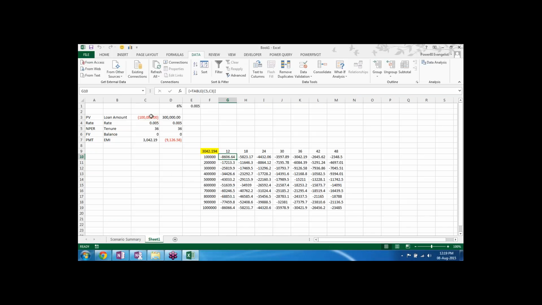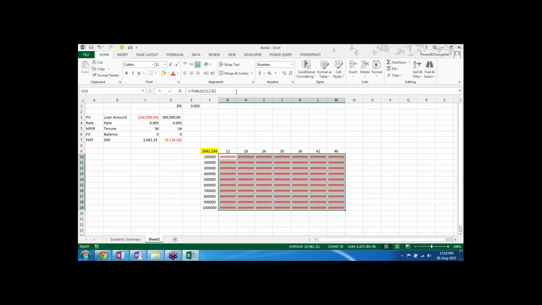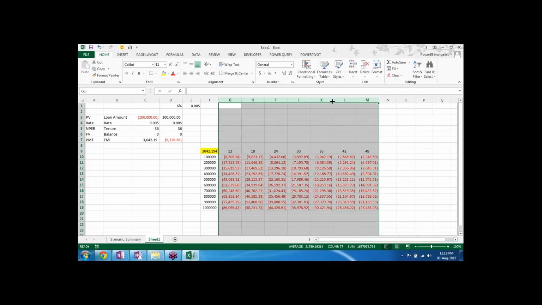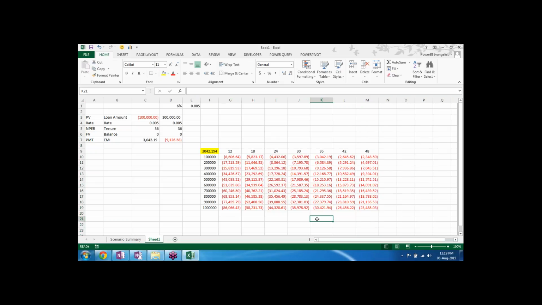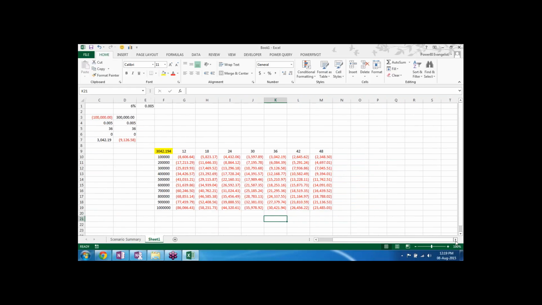If you wonder what this minus sign is everywhere, let me make you understand: these are all negative numbers because they are borrowed from the bank, so they are EMIs.